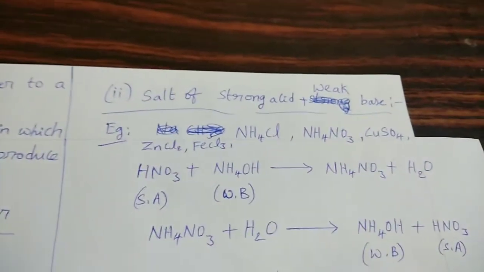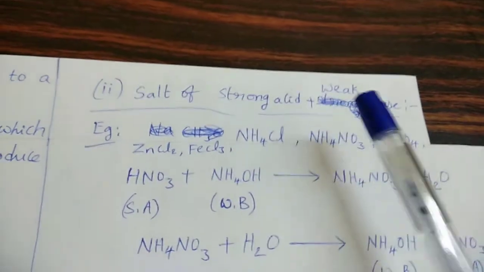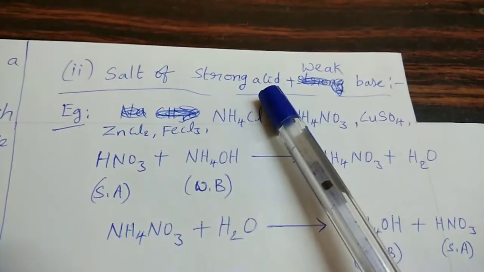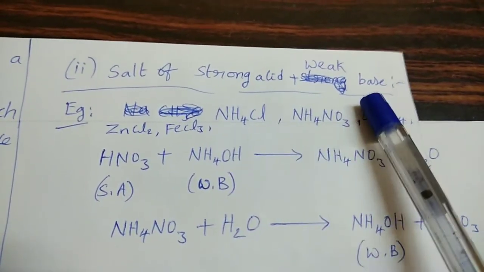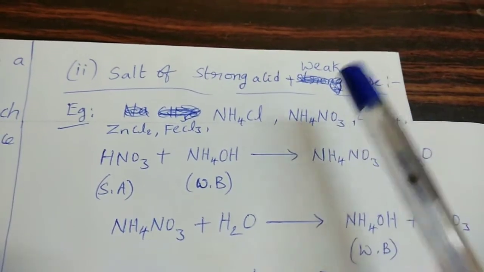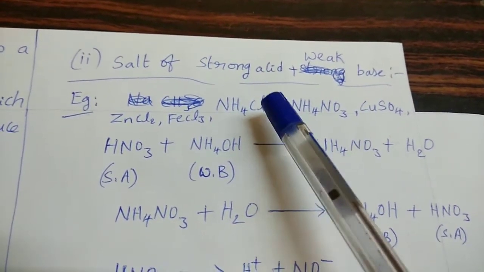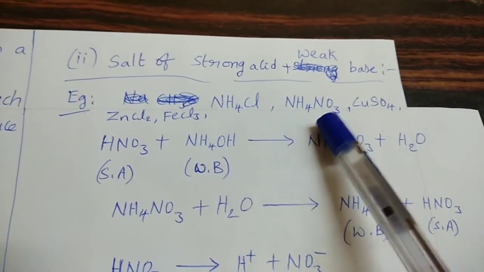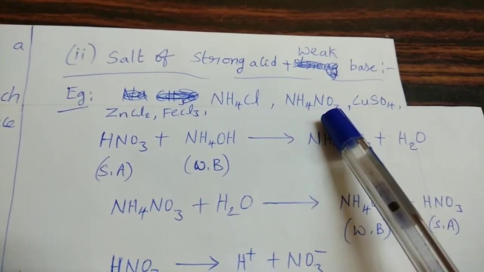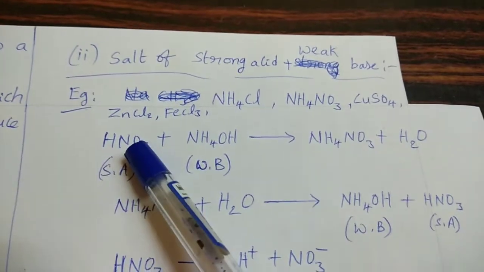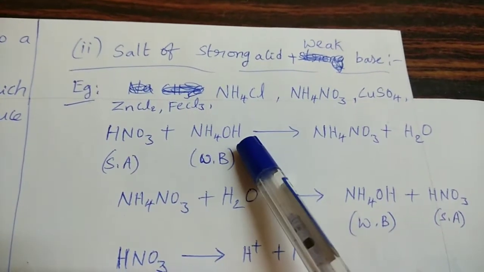Okay, see the next combination, salt of strong acid plus weak base. Salt obtained from strong acid like HCl, weak base, NH4OH. HCl plus NH4OH gives rise to NH4Cl plus H2O. So this is an example. Another one, NH4NO3. In this, acid is HNO3. Strong acid, base NH4OH.